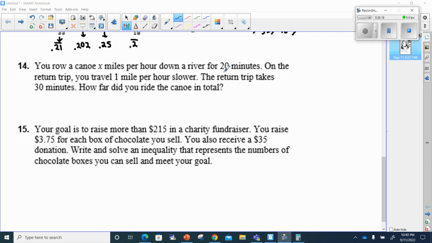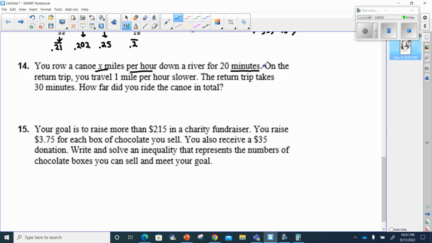The way I would do it is you have to remember that we're talking about minutes here, and they want to know how far you rode, but they're talking about miles and miles per hour. So this kind of makes this tricky. It says you row a canoe x miles per hour down a river for 20 minutes. You would think you'd write it 20x, but remember, this is in miles per hour, and this is 20 minutes. So how many minutes are in an hour? You would not put 20.